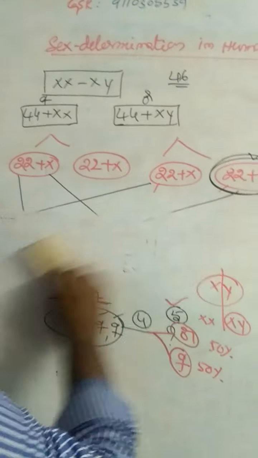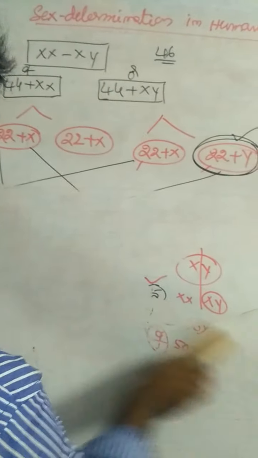Coming to the next sex determination method, in Drosophila, that is the gene balance theory. The genic balance theory, or gene balance theory, was proposed by a scientist who conducted experiments on Drosophila melanogaster.